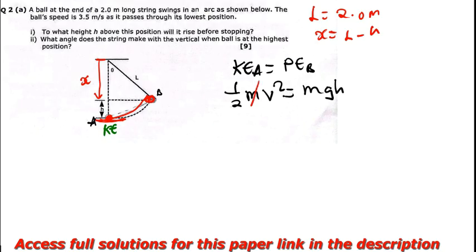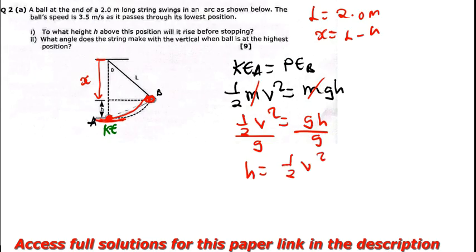We can cancel mass, as mass appears everywhere. My goal is to find the h. Half v squared is equal to g h, divided by g on both sides. So h will be equal to half v squared divided by g.